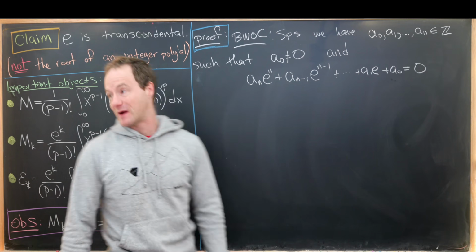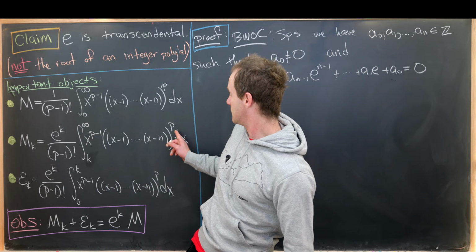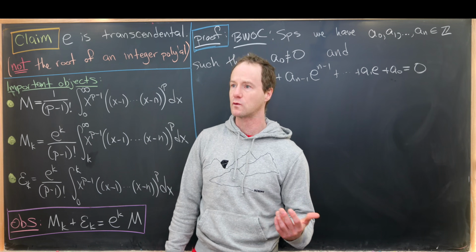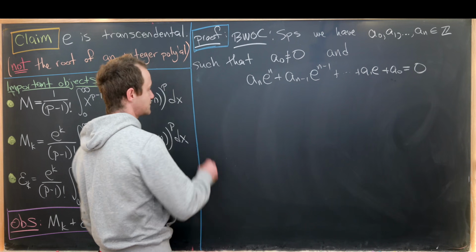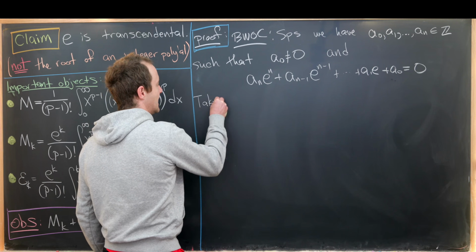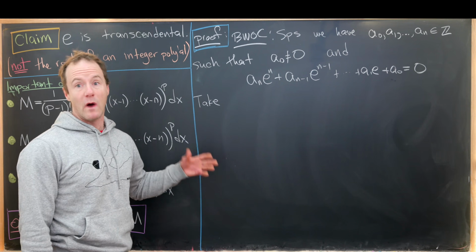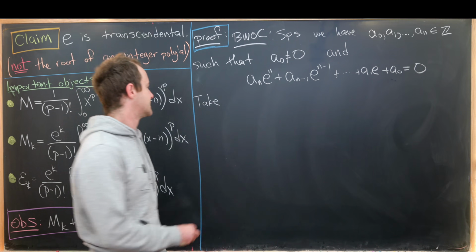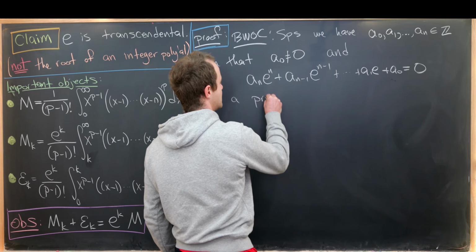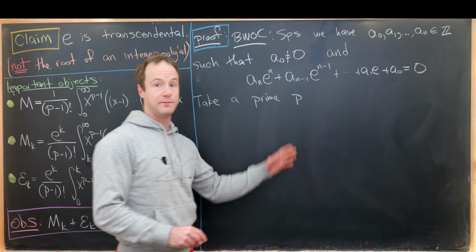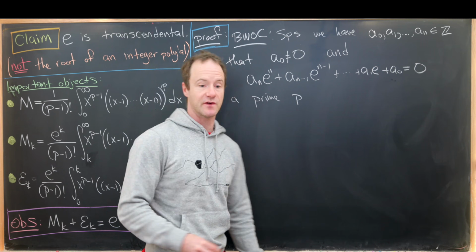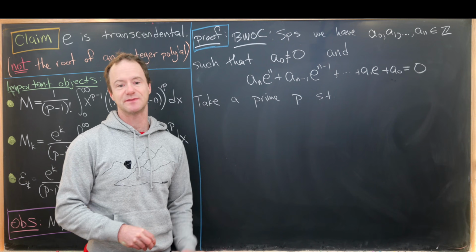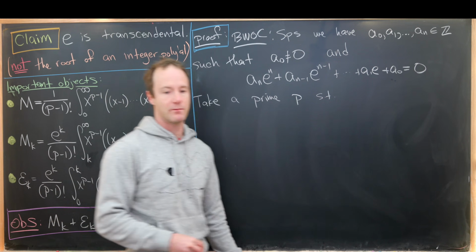Okay, great. Now you might say, well, what is this p? Well, since we're using the letter p, it's probably a prime, but what rules does this prime satisfy? We're going to go over it right now, and this may not seem obvious while we're looking at it, but it will be obvious as we move forward with our argument. So let's take a prime, I'll call it p to fit in line with this notation over here, such that p satisfies two conditions, but I can wrap those conditions into one part.